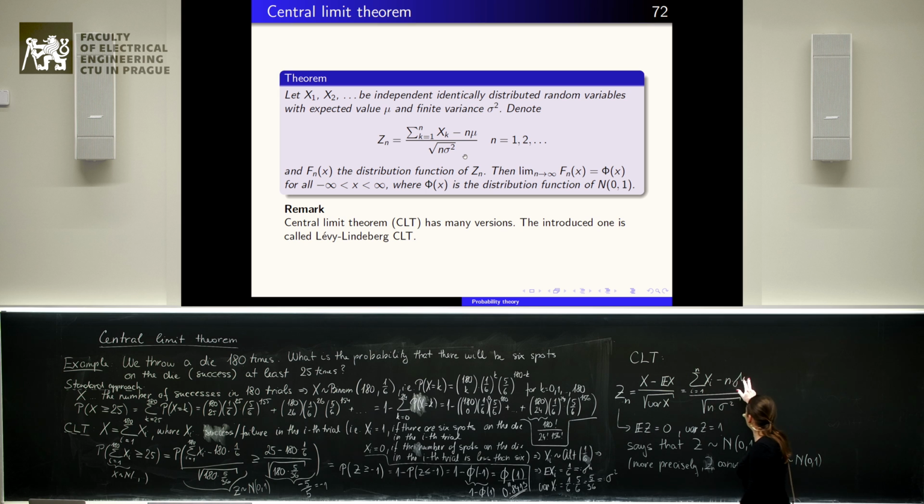So it means that when we subtract the mean value of this sum, which is n times the mean value of each of these random variables, and we divide everything by the square root of the variance of this sum, which is n times the variance of the separate random variables, we obtain the random variable which converges to a random variable with standard normal distribution, and therefore we can calculate the probability of arbitrary situation using only the table for the distribution function of standard normal distribution. So that's it.